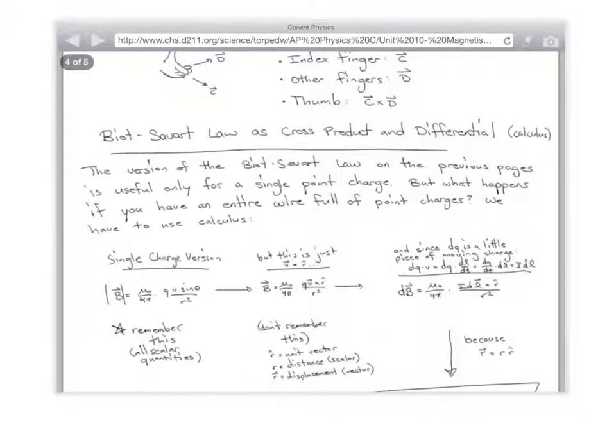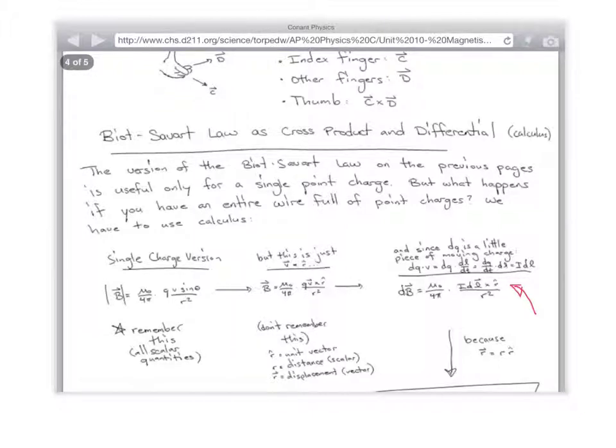Do you guys know what r hat is? Do you know what a little hat means over a vector? It's a unit vector, right? How big's a unit vector? 1.